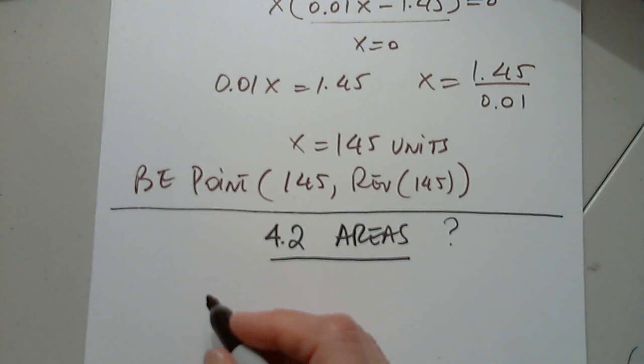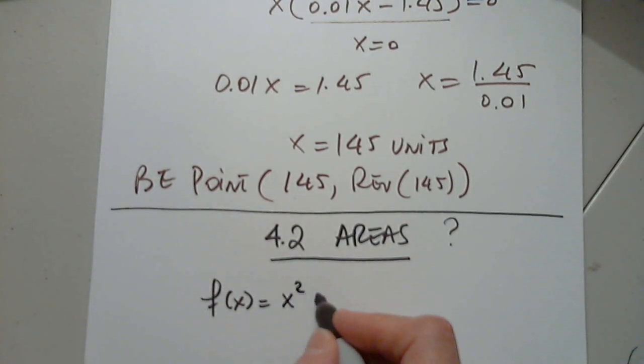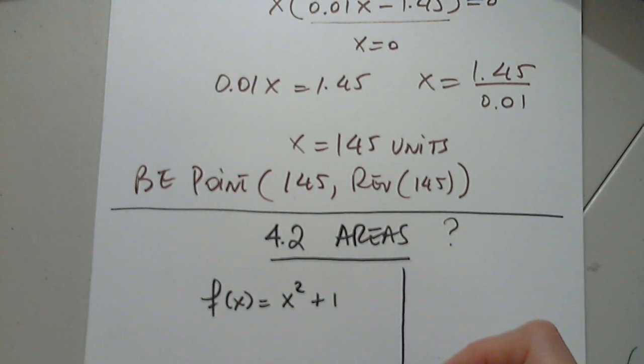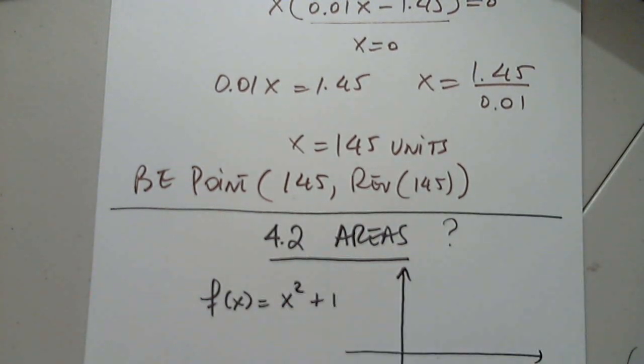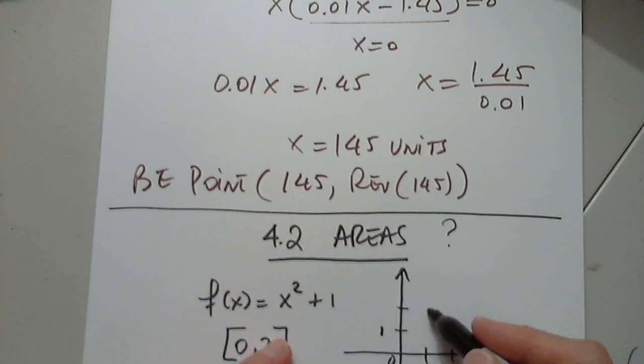Okay. So let's look at a very simple function, x squared plus 1. I'm going to graph it. I'm going to pick a small interval, let's say 0 to 2. So this is 0, this is 1, this is 2. At 0 the value is 1. When I plug in 1, 1 plus 1 is 2.